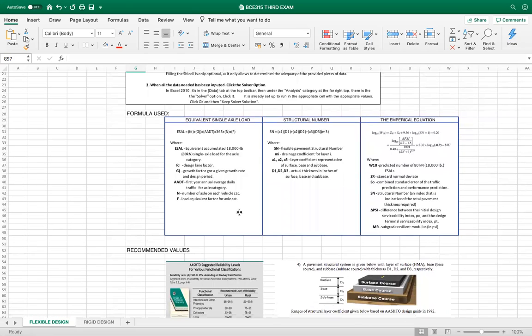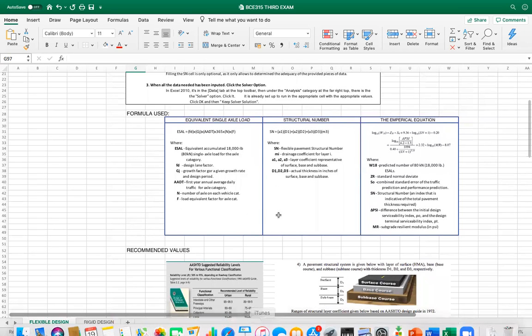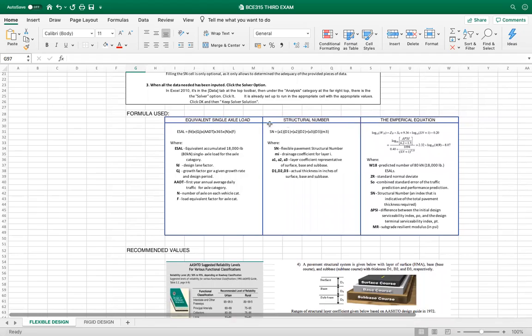The formula used for the flexible pavement design is the equivalent single axle load, structural number, and empirical equation.